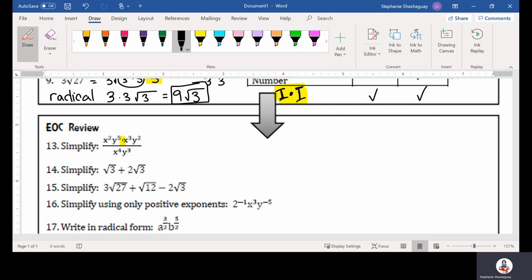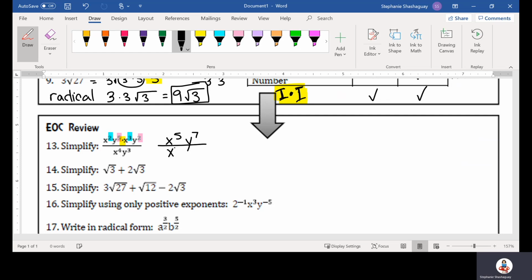So we have x squared multiplied by y to the fifth multiplied by x cubed multiplied by y squared. So we're going to get x to the fifth because we're going to combine our exponents by adding. And then we're going to combine our y exponents by adding. So we're going to get y to the seventh.